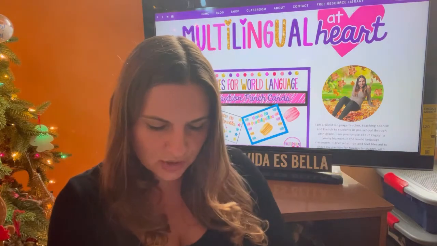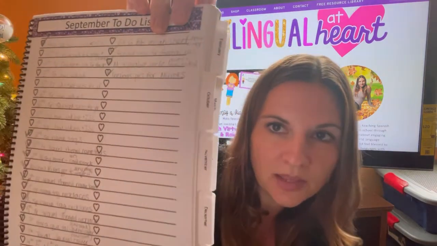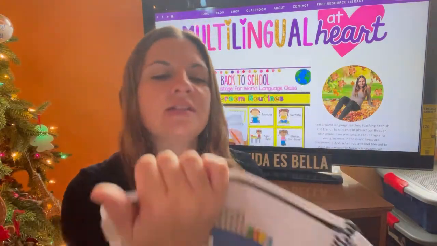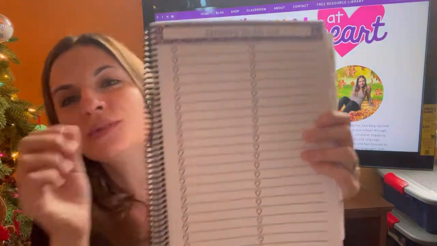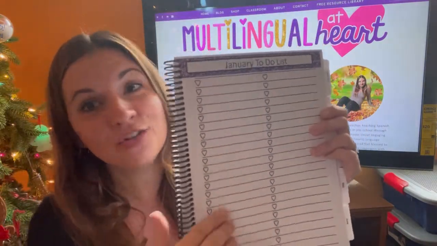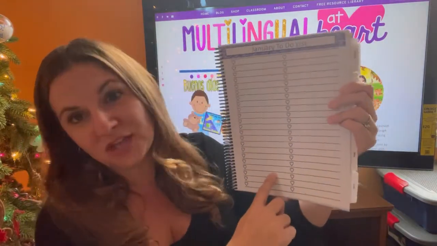And then for each month, there's a tab. If I flip to January, the very first thing that comes up is the to-do list. We're still in December, so I don't have anything written out yet for January, but I will. This is the big picture to-do list.